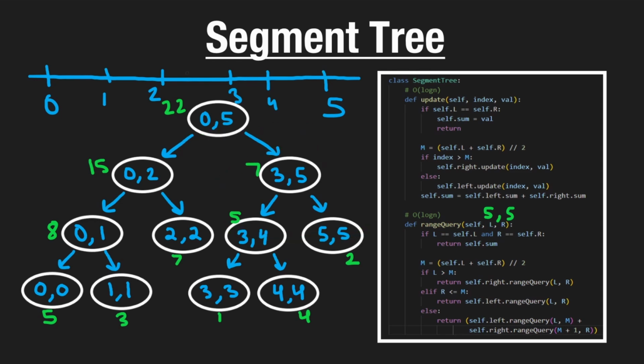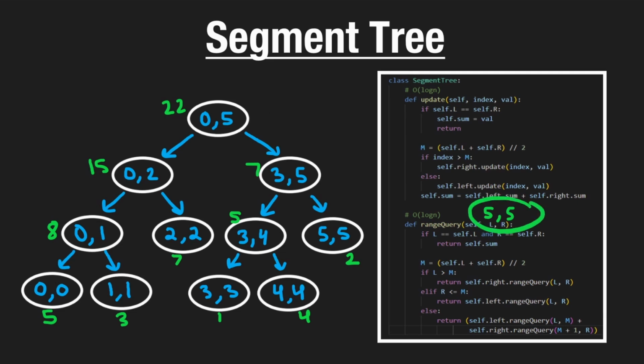If we're searching for the range that's 1, 1, of course from here, we're going to go to the left subtree. But if we were searching for a range like 2 to 4, like this, then of course we would have to go to the right and the left subtree. That's kind of what I'm getting at here, because all these nodes simply represent a range. So that's the idea. Now let's actually walk through this example 5, 5.